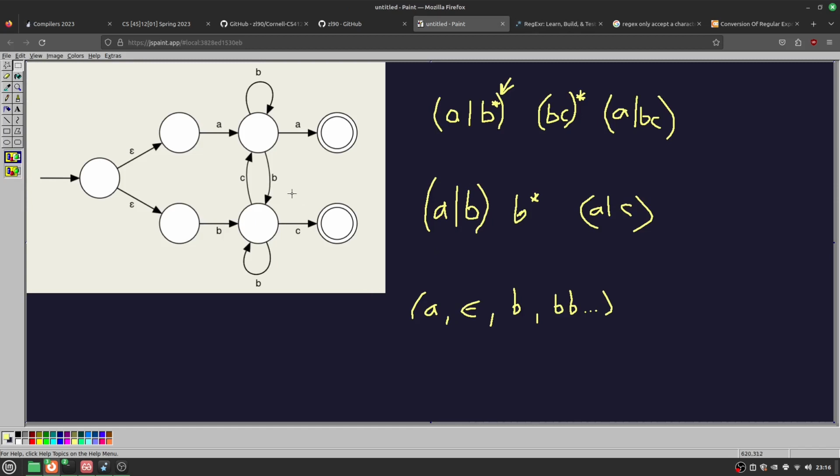So let's say we do C. From C we can do an A. From here we can only do an A. And from here we can only do a C to finish it off.